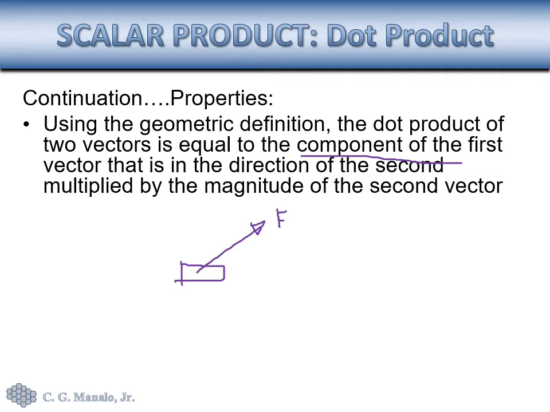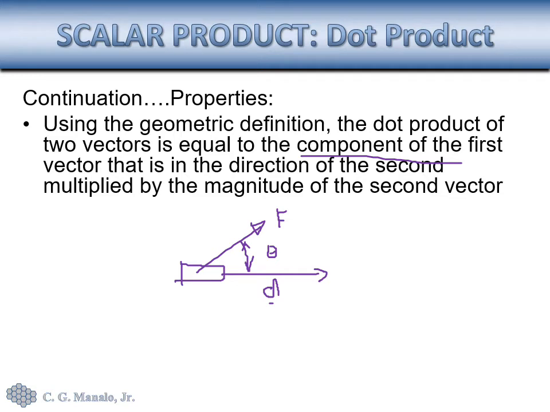So we have a force F there, and it displaces the object by this amount D. In this case, F here and the displacement are both vectors, and both vectors are separated by this angle.